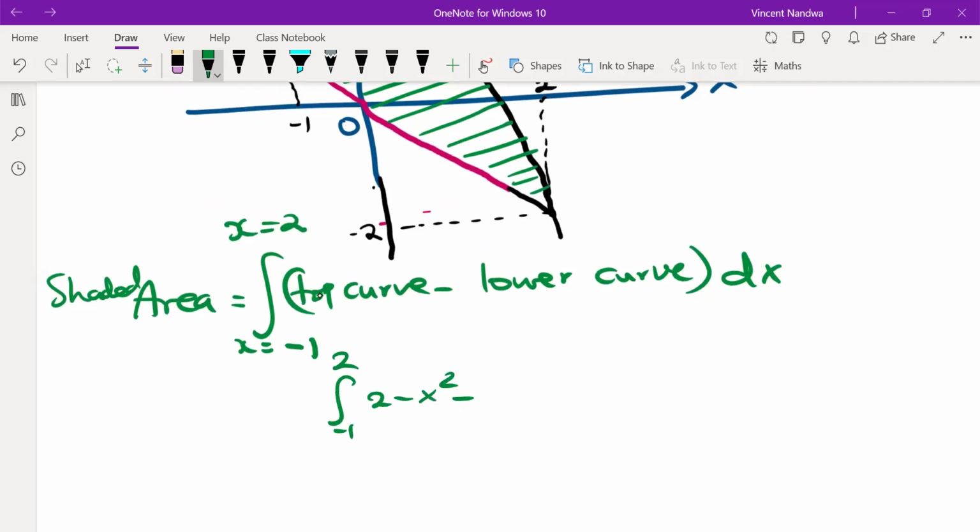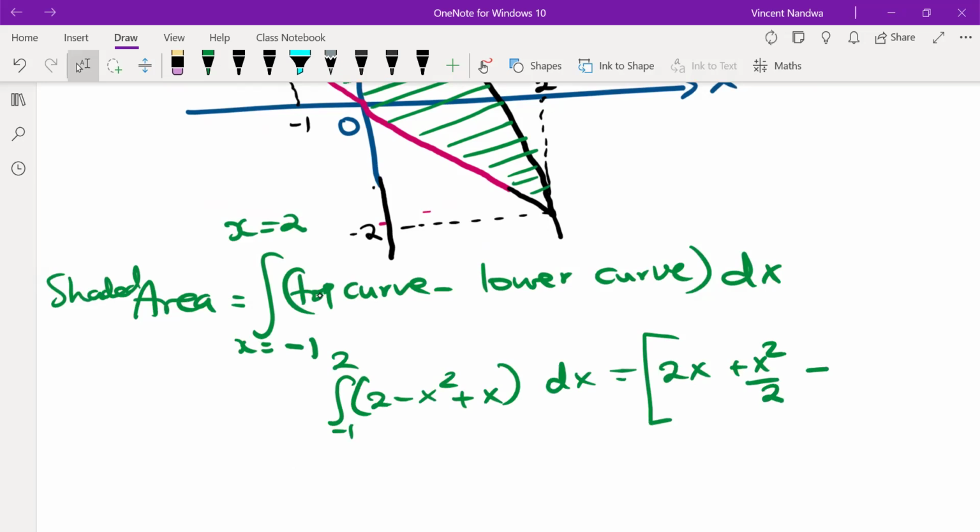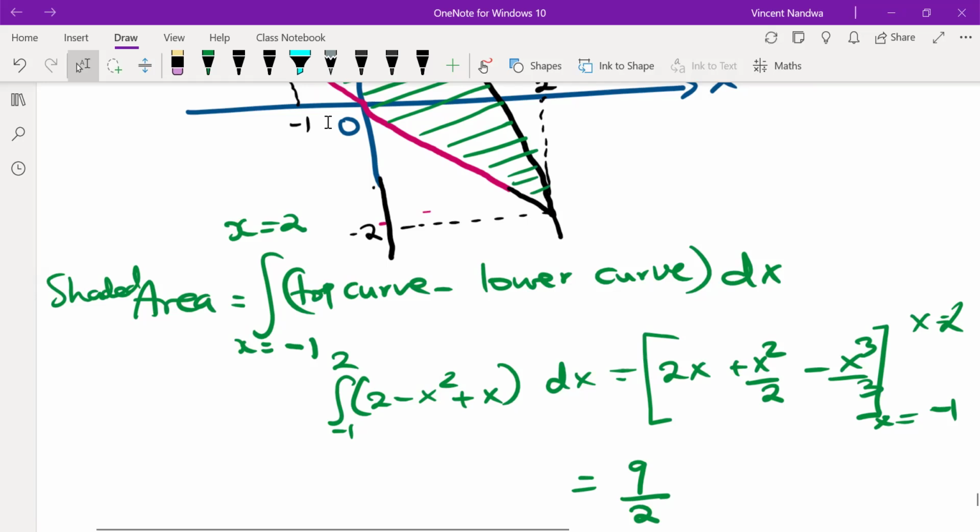Lower curve is given by y equals -x, so minus minus becomes plus. So dx, which will be 2x plus x squared over 2 minus x cubed over 3, then x from -1 to x equals 2. When you replace in the x values, you get 9/2 square units. So get as many more examples as you can on area and solve them.